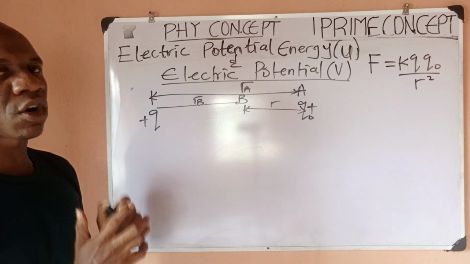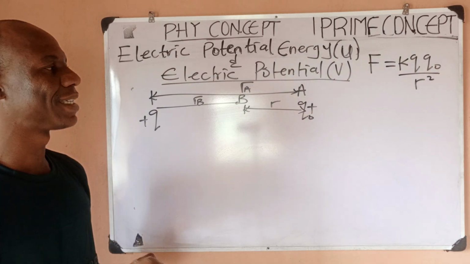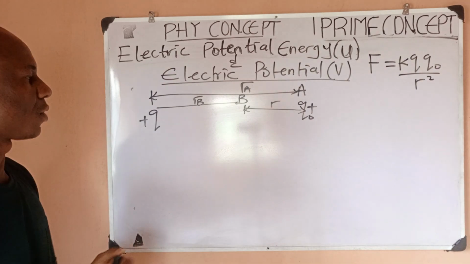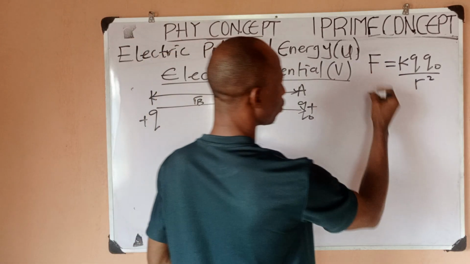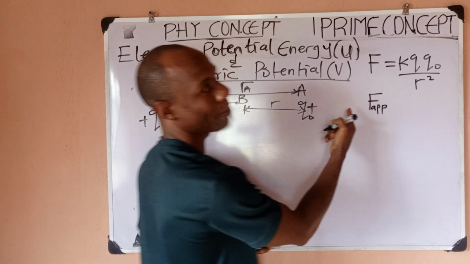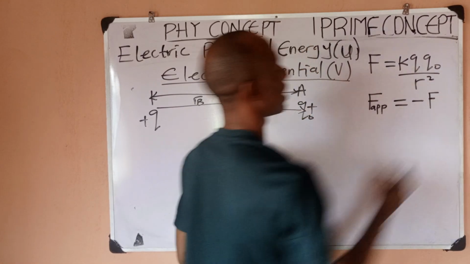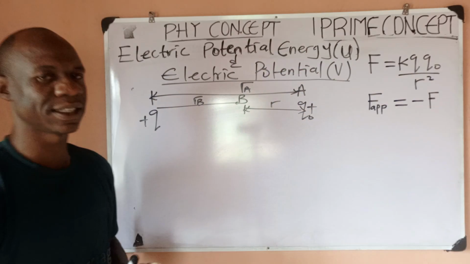So that is what we call change in potential energy, which is exactly the same as the work done. Now, you should know that the force you would apply in doing this work, our applied force, is going to be equal but opposite in direction to the electrostatic force.